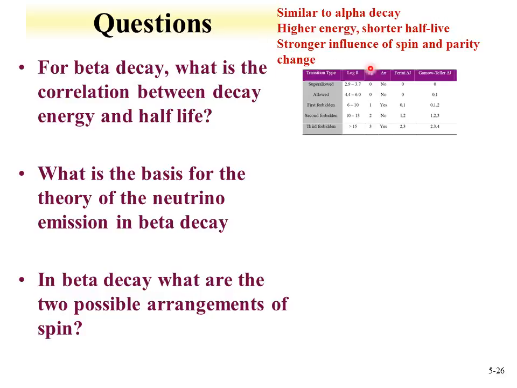However, we see a stronger influence on spin and parity change. We even discussed whether or not a transition can be super allowed, first, second, or third forbidden. We talked about how that forbiddenness or allowedness is related to whether or not there's spin changes and parity changes. We also discussed how one could evaluate these transition types in terms of log FT.